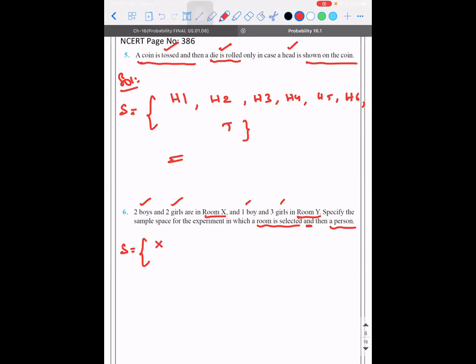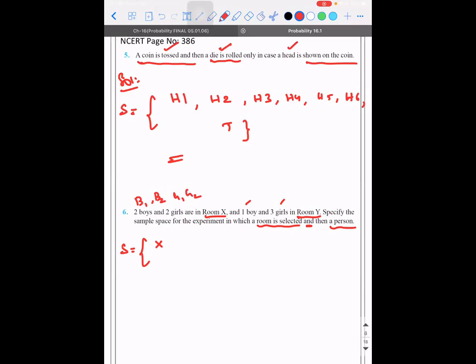So if suppose they have selected room X, then what is the possibility, guys? There are 2 boys, no? So 2 boys means boy 1, boy 2, girl 1, girl 2.